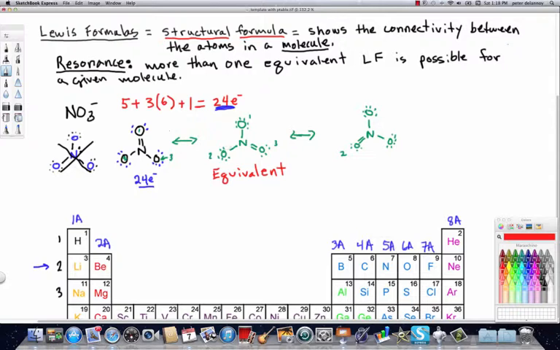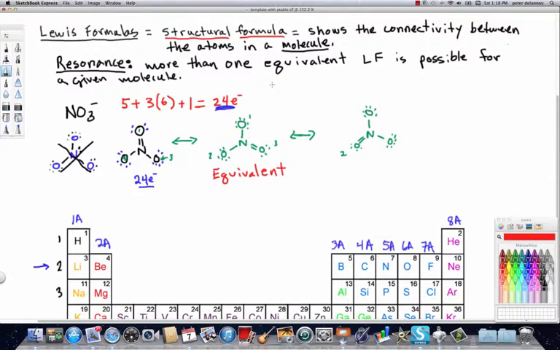We call this phenomenon resonance, and we use resonance to essentially explain the breakdown in the model that we use to draw structural diagrams of these particular molecules. What this indicates is that some of the electrons involved in the bonding can actually exist in 3 different locations within this molecule.